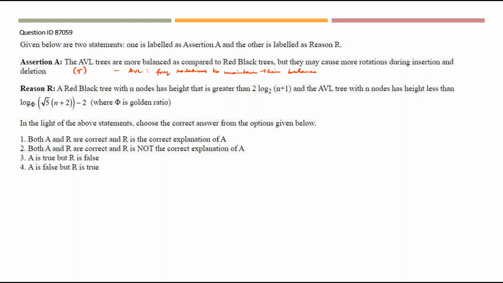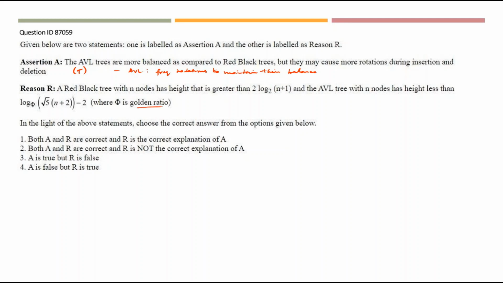The reason: a red black tree with n nodes has height that is greater than 2 log 2 n plus 1, and the AVL tree with n nodes has height less than log base phi of root 5 into n plus 2 minus 2. This phi is called the golden ratio.